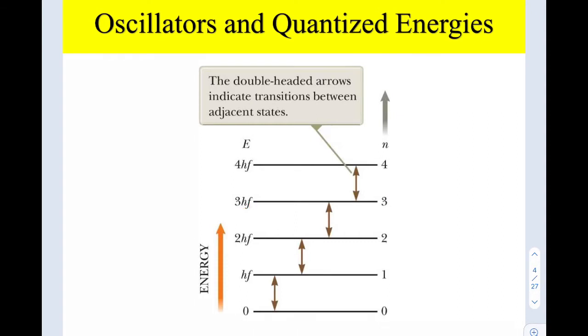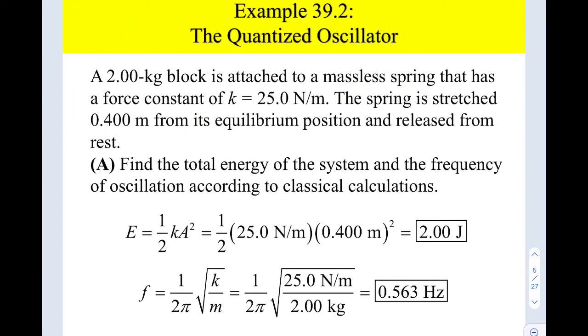For the third level, it's 3 times hf. For the fourth level, it's 4 times hf. This is the meaning of being quantized. The energy being quantized means that the energy is within a certain level, within tiny or limited packets or amounts. We also know the tiny packets as discrete amounts. The double-headed arrow here indicates transition between adjacent states. It can move up or it can move down.